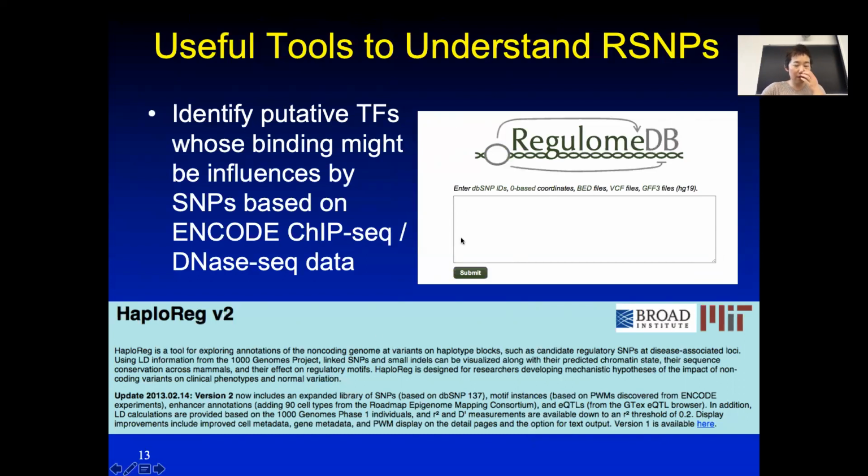There are 2 web servers. You just input those SNP locations or SNP IDs. They can tell you which transcription factor might be binding to those SNPs or the nearby SNPs in LD, and whether that could be related to the expression of some nearby genes.